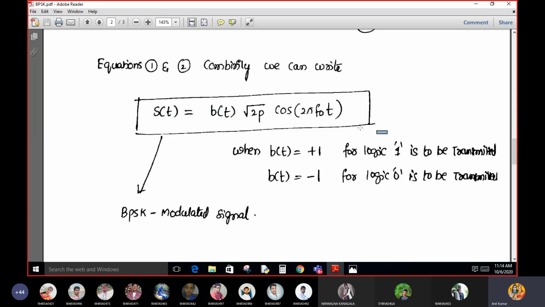You know the amplitude modulated signal equation, the frequency modulated signal equation, and the phase modulated mathematical equation. In a similar manner, this is the BPSK modulated signal mathematical equation, where b of t is equal to plus 1 when logic 1 is to be transmitted, and b of t is equal to minus 1 when logic 0 is transmitted.